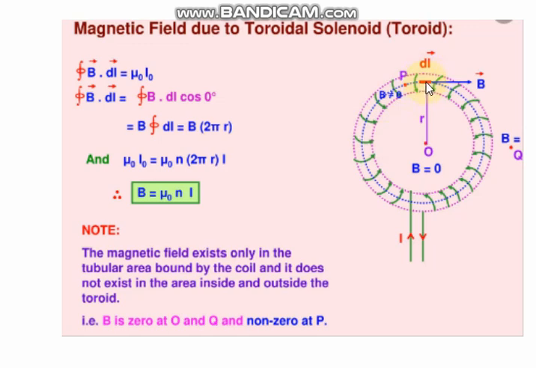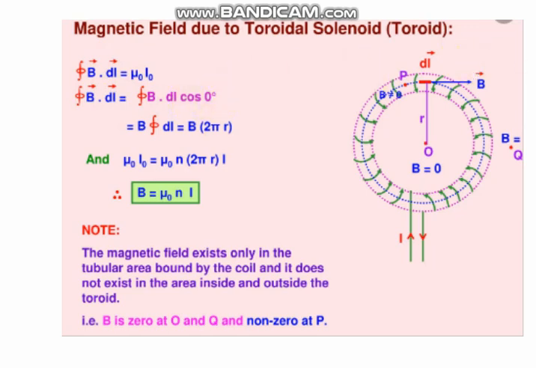If we divide our Amperian loop into small length segments, each of length dl, and consider just one of these length elements, such as this small red line, at this point B is along the tangent to the circle, and dl is also along the tangent to the circle, both are parallel. So this side of our line integral will be B dl cos of 0.